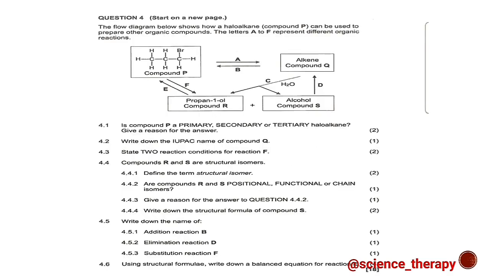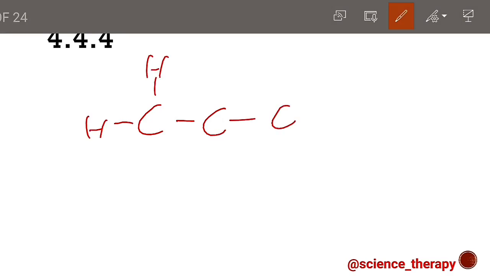Now 4.4.4 says write down the structural formula of compound S. Okay, I think I've already done that. So let's draw the structural formula. 1, 2, 3. But remember we said the OH will be on the second carbon.